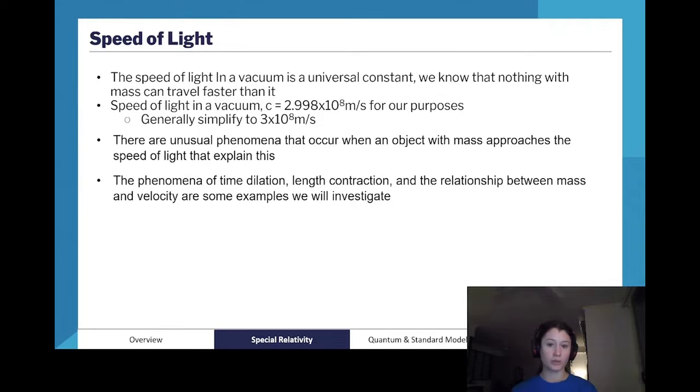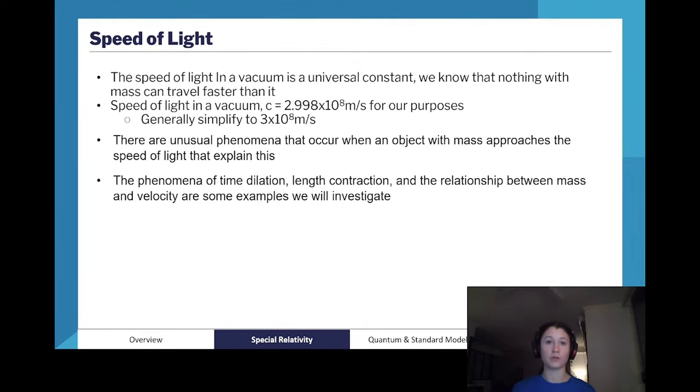Alright, now let's get on to the speed of light. The speed of light in a vacuum is a universal constant. And we know that nothing with mass can travel at or faster than the speed of light. The speed of light in a vacuum is 2.998 times 10 to the 8 meters per second for our purposes, but typically when you're doing calculations, we're just going to simplify that to 3 times 10 to the 8 meters per second.